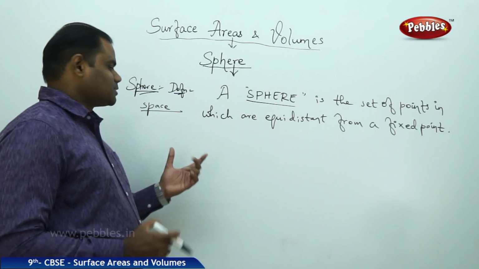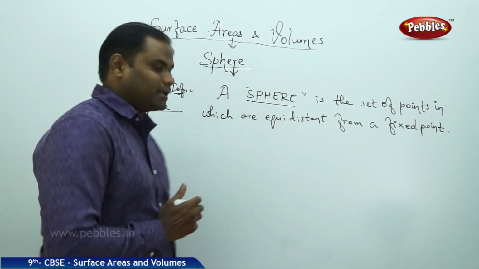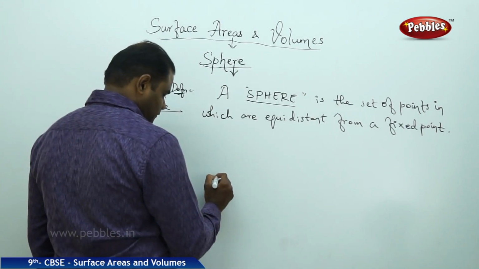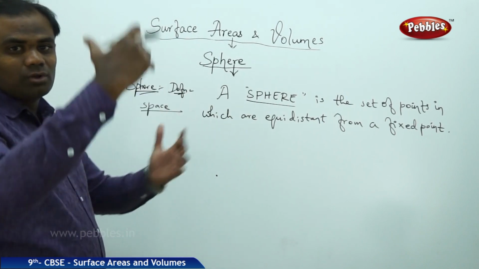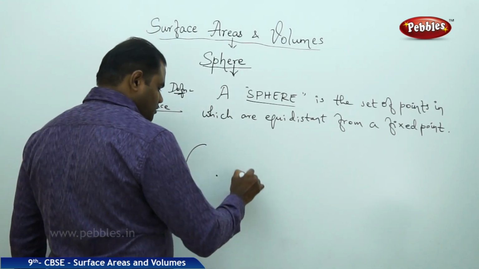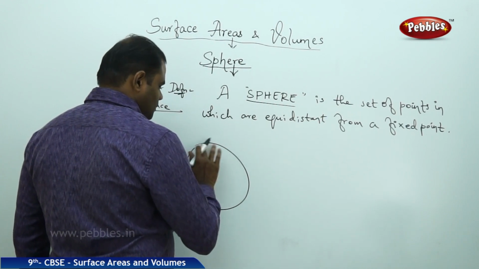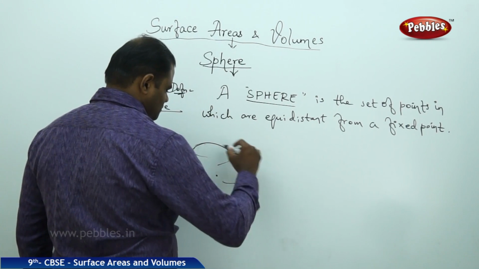So the set of points taken in space are equidistant from a fixed point. That is, when I take the fixed point in the center and spread all the points which are equidistant, I get a three-dimensional object which is a sphere.